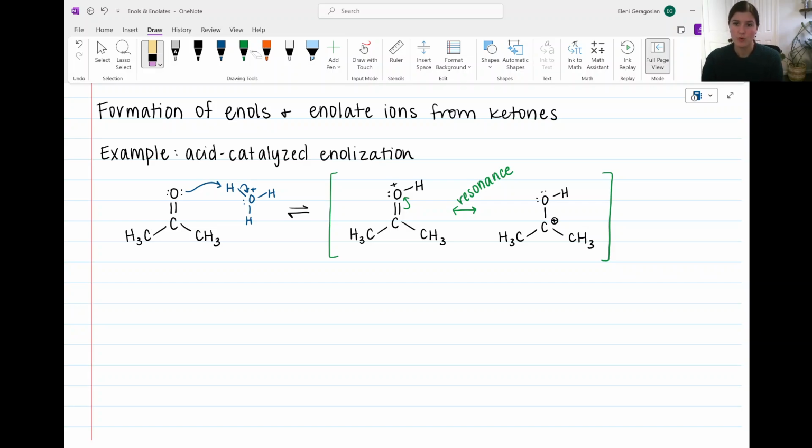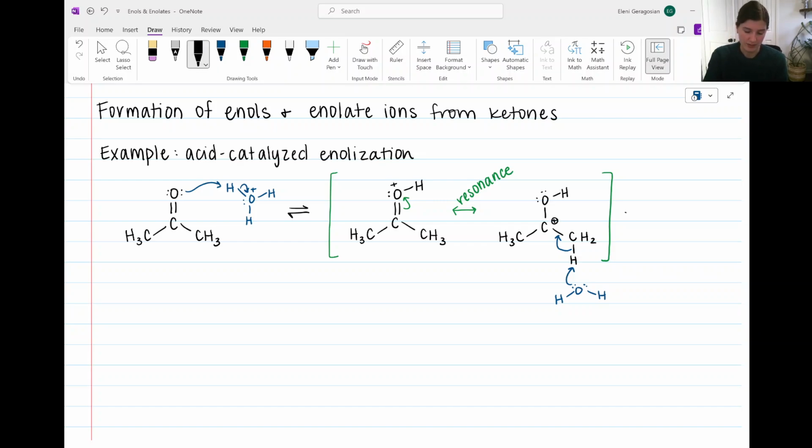But the mechanism to form the enol involves one of the hydrogens in one of these CH3 groups. So the two CH3 groups are equivalent, so it doesn't matter which one you show. What happens here now is that water, neutral water, can deprotonate this carbon, and the electrons in the carbon to hydrogen bond will form a double bond between the two carbons.